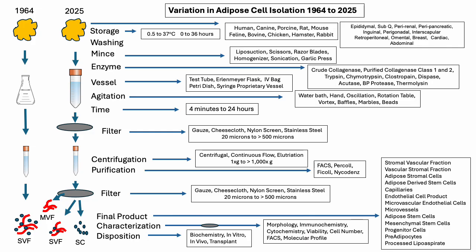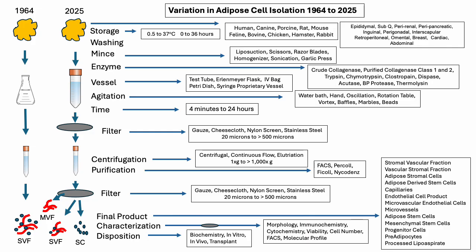The mincing process, it really ranges from no mincing at all to liposuction as a form of mincing, homogenization, sonication, garlic presses. It's a huge variability. Enzymes, again, I'll talk about this more, but crude collagenases, crude enzymes versus purified enzymes, and then other proteases that can be added. The vessels that are used, the agitation, incredibly important.